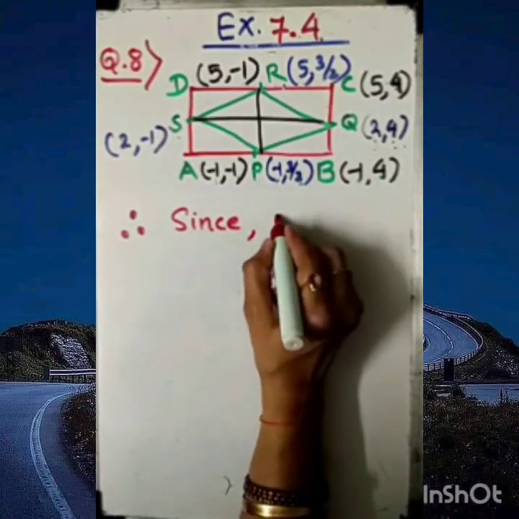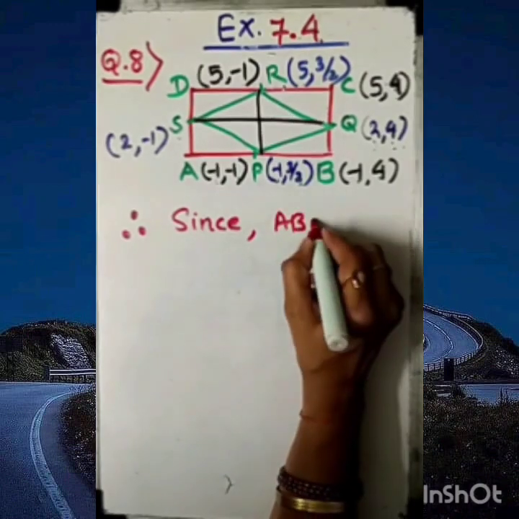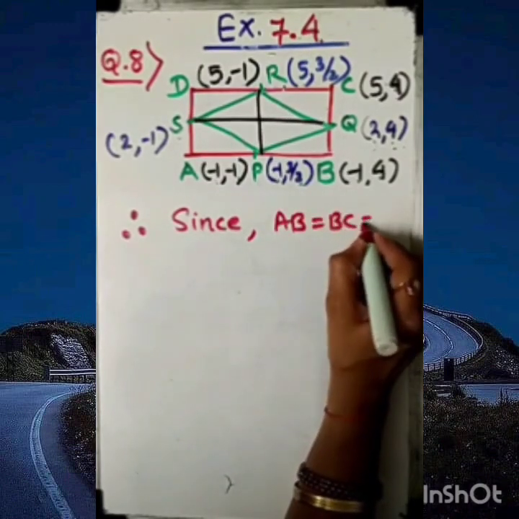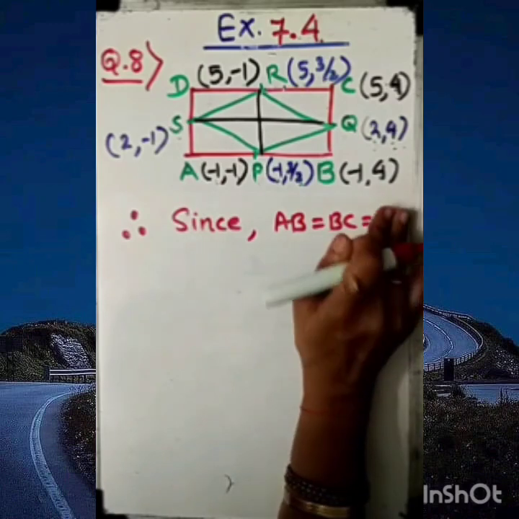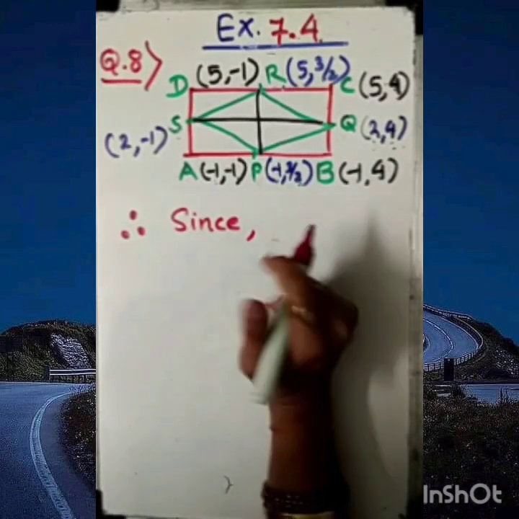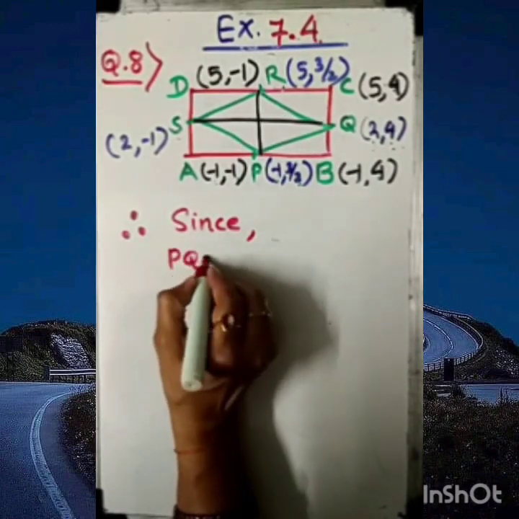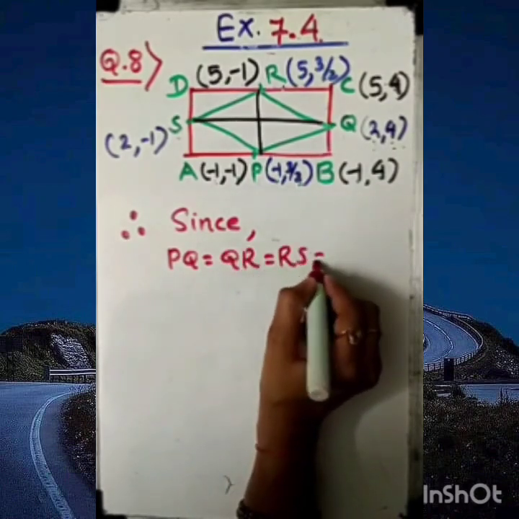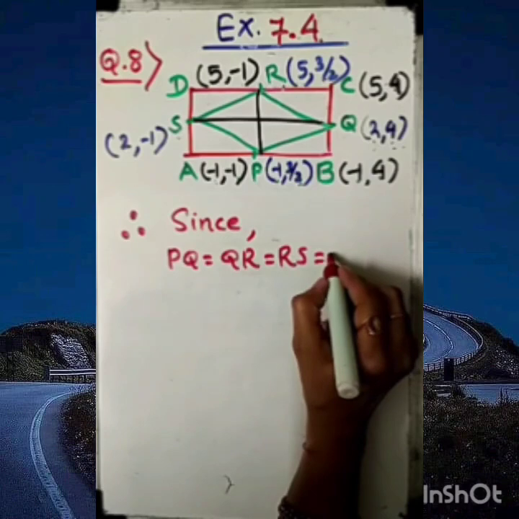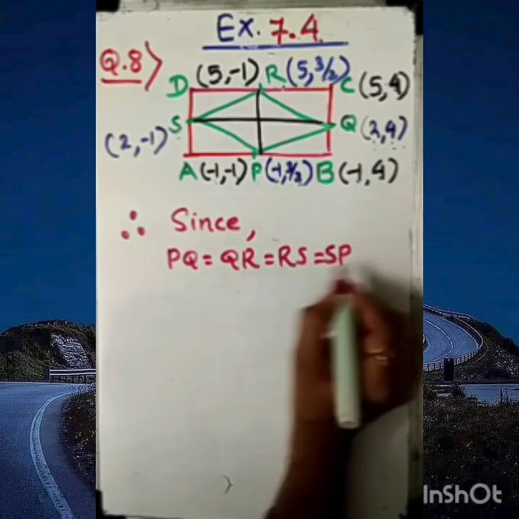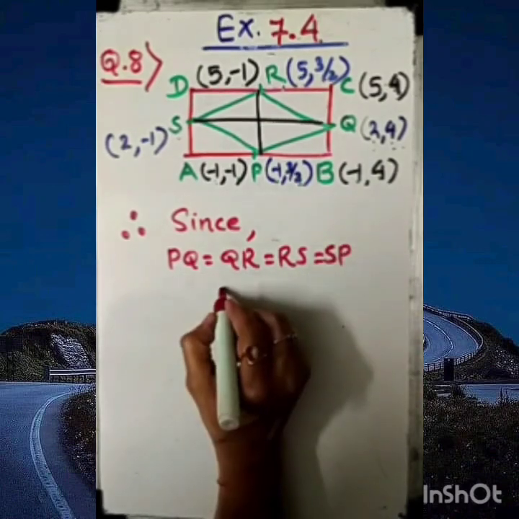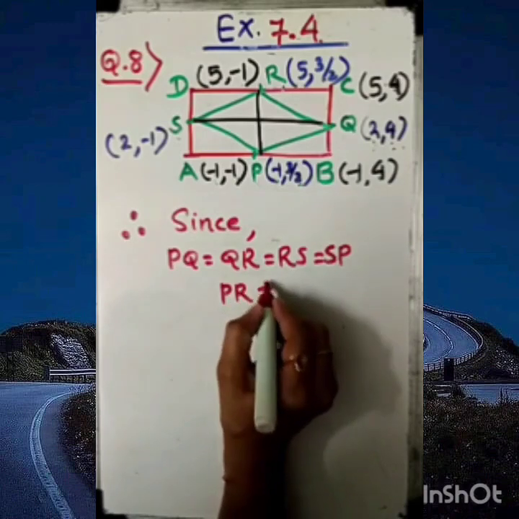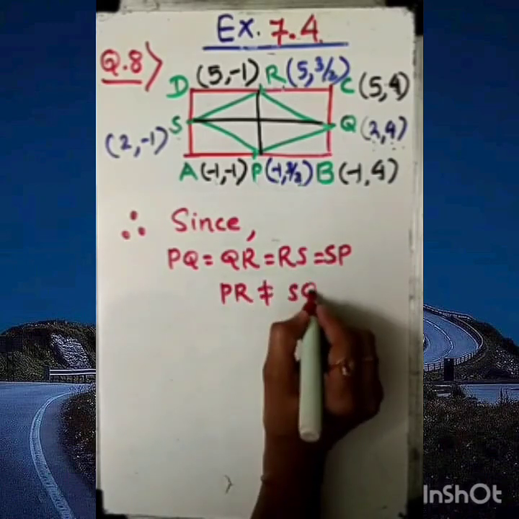Since PQ equal to QR equal to SR equal to SP, sides are equal, but the diagonals are not equal.